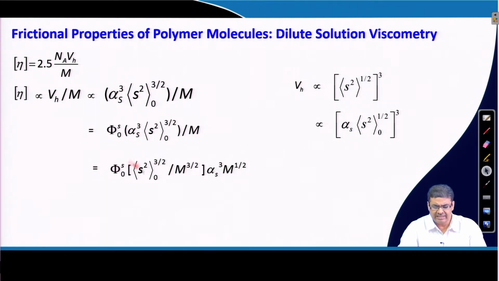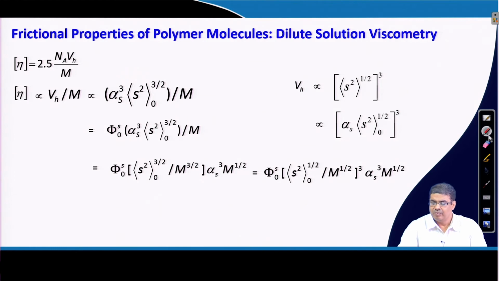Now, we can rearrange this a little bit, take 3/2 within the bracket and put 1/2 outside, and we can further rearrange as this: radius of gyration divided by molecular weight to the power half, which is raised to 3.